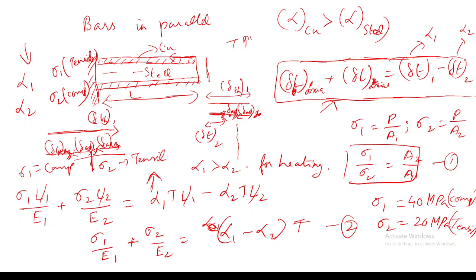So tensile load will be induced on the copper tube, and steel will try to compress very slowly. Due to that, copper will induce a reaction force which is compressive, and sigma 2 will be compressive. Are you getting this or not?